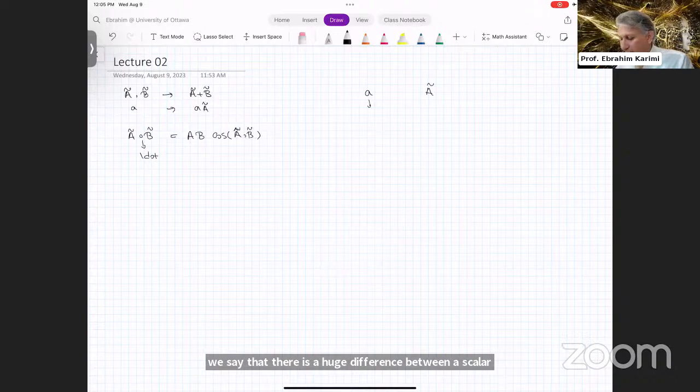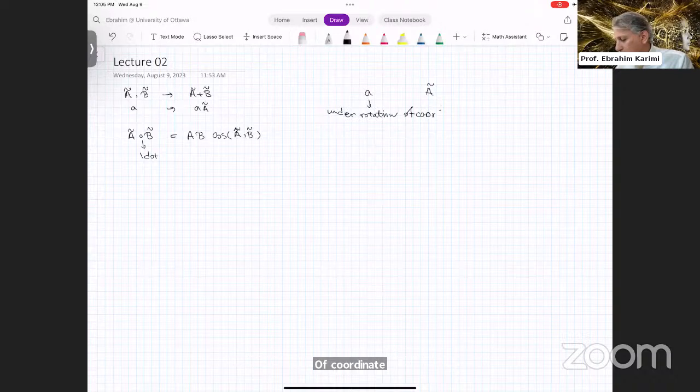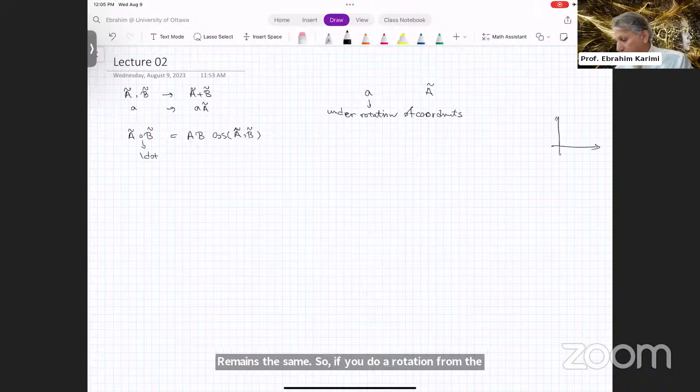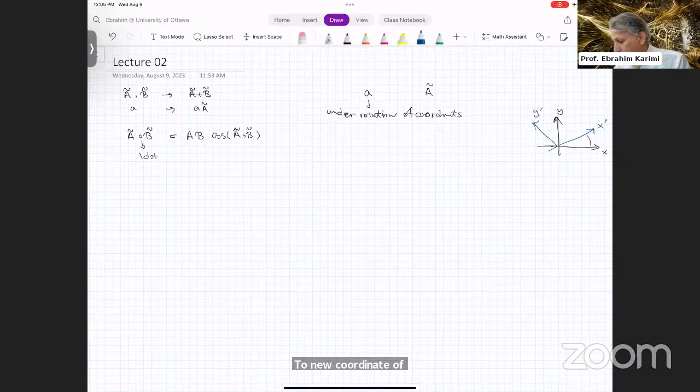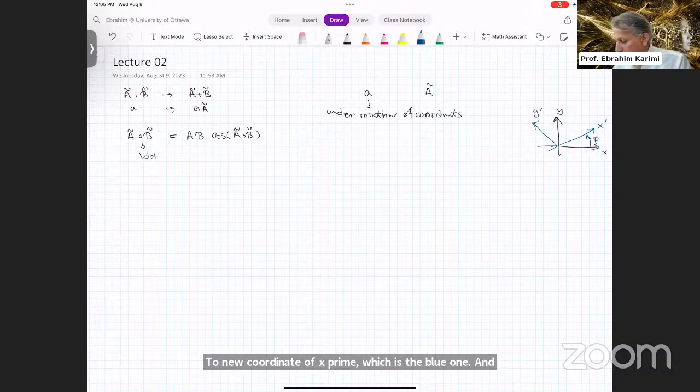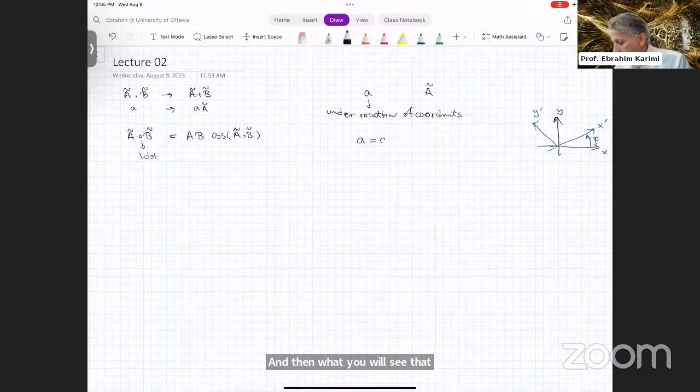A scalar quantity under a rotation of coordinates remains the same. If you do a rotation by an angle phi from the black coordinates X and Y to the new blue coordinates x prime and y prime, then a is equal to a prime.